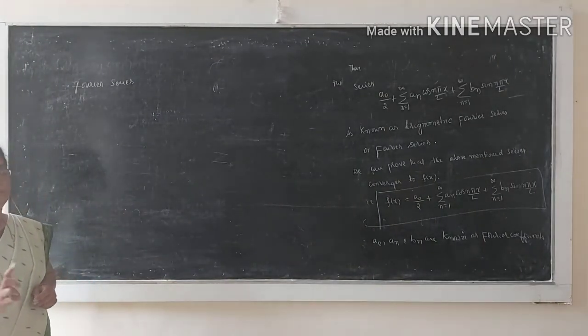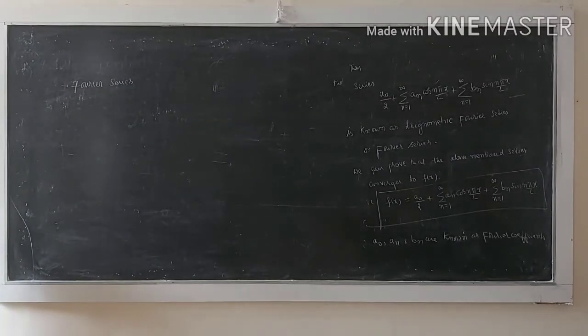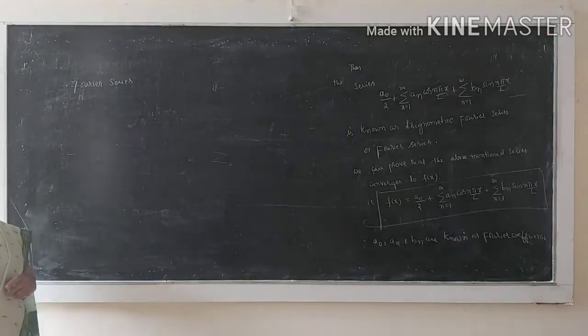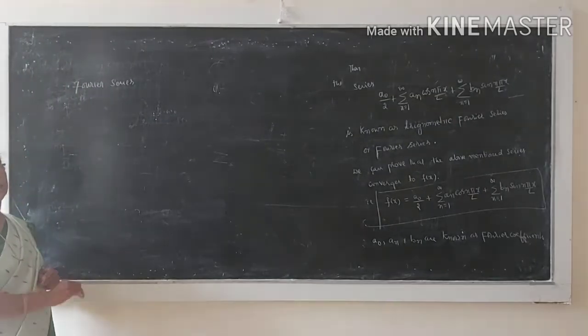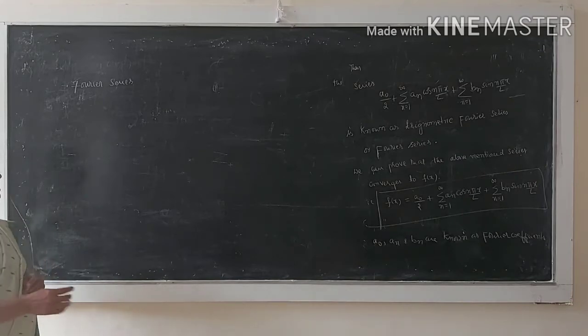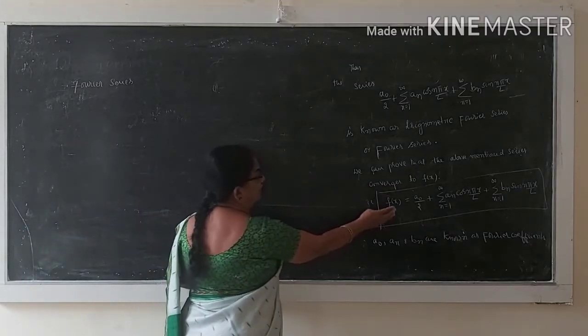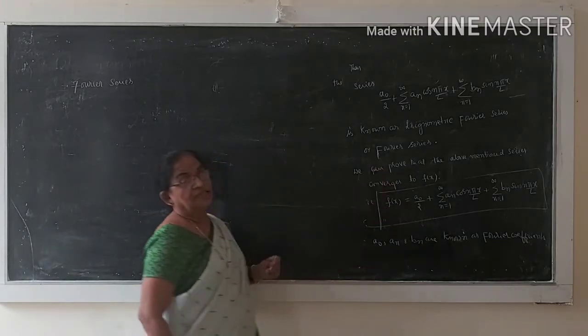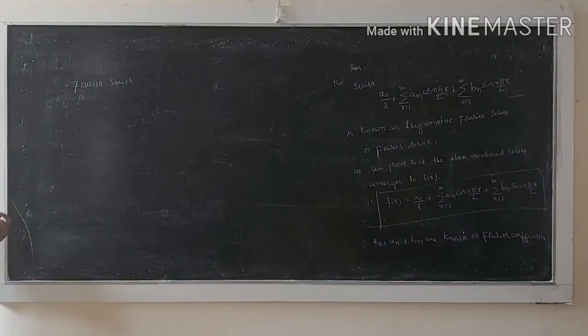The second condition is that it is continuous or has a finite number of simple discontinuities, meaning removable discontinuities. The third is that it has a finite number of maxima and minima. Then we can write that function like this, where a0, an and bn are calculated using those formulas.